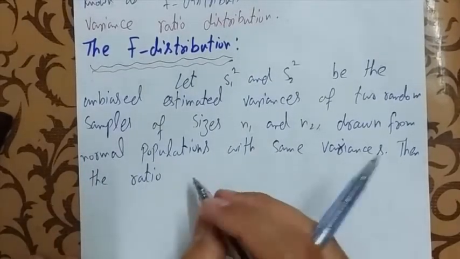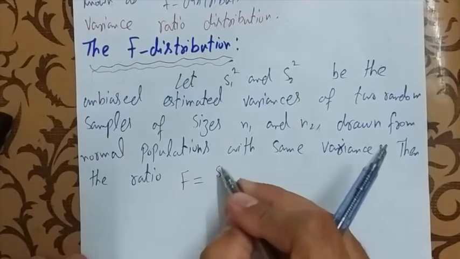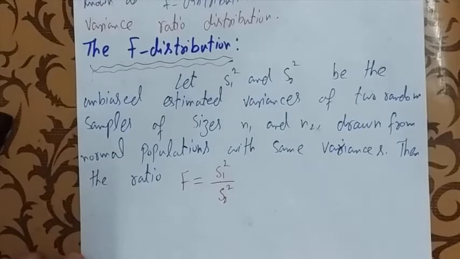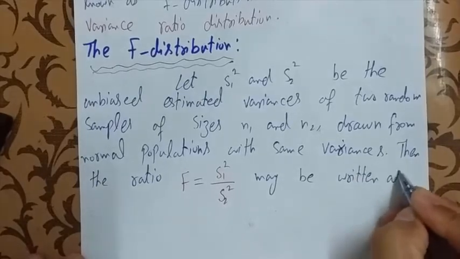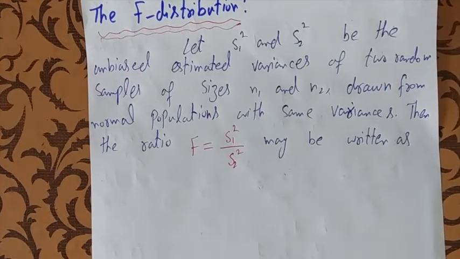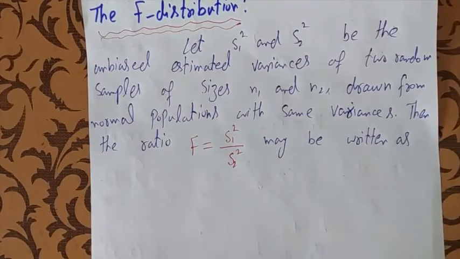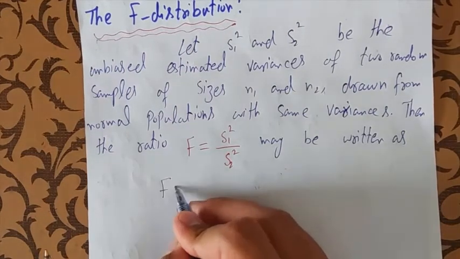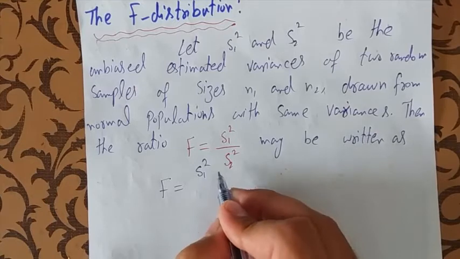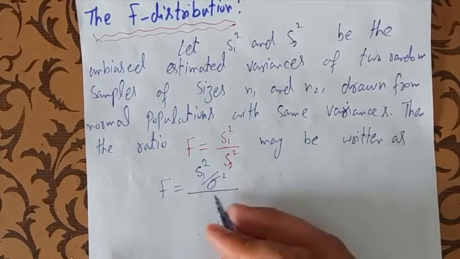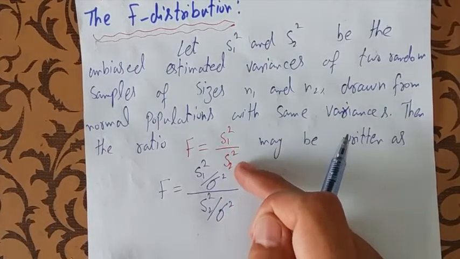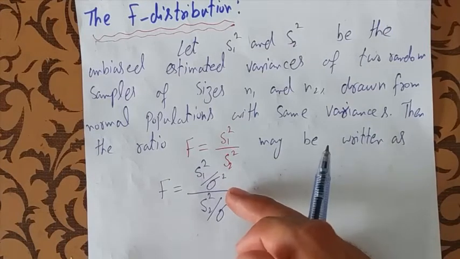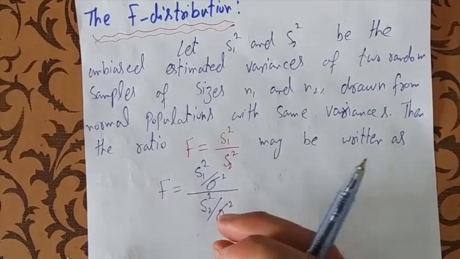F, which is equal to S1 square over S2 square, may be written as F equal to S1 square over sigma square divided by S2 square over sigma square, meaning in the numerator and the denominator divided by sigma square, that is the variance for the two populations, which are the same.